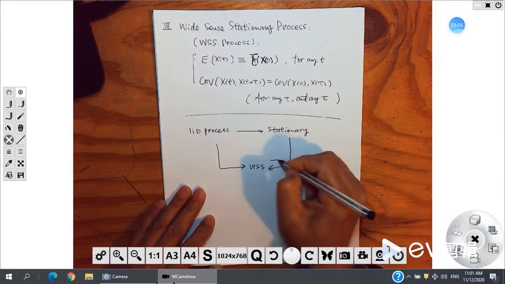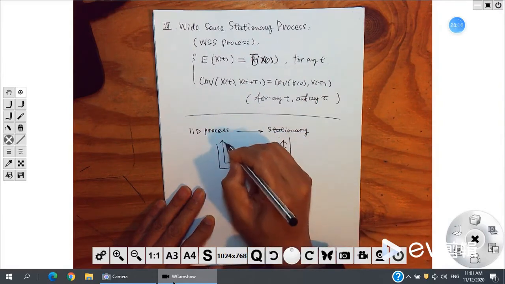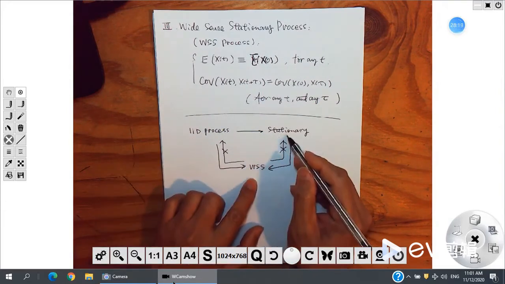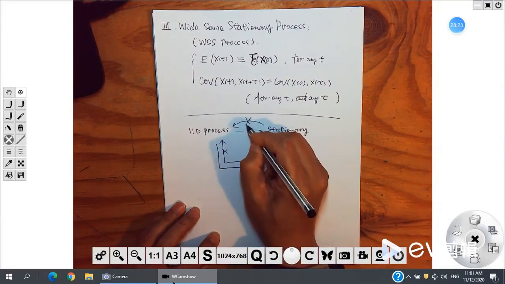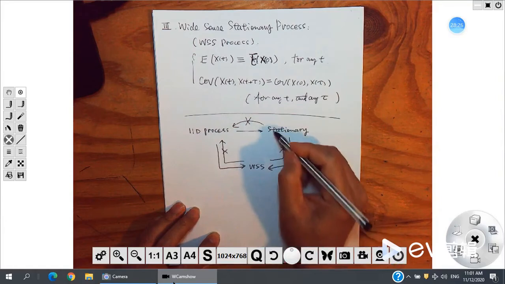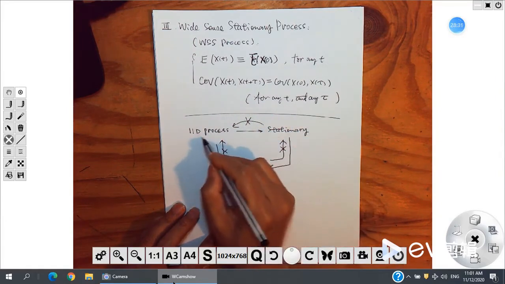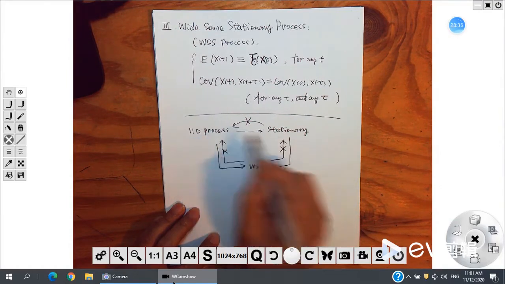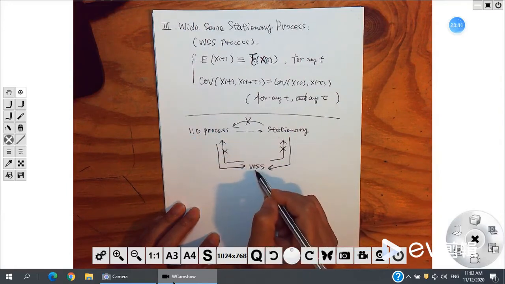But if we go the other way, no. You can have a process that is wide sense stationary, but it is not IID, it is not stationary. So if a process is stationary, we cannot say it must be IID. But if it is IID, it must be stationary, and it must be wide sense stationary.